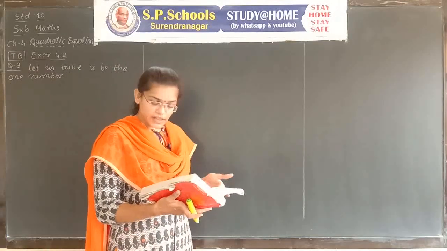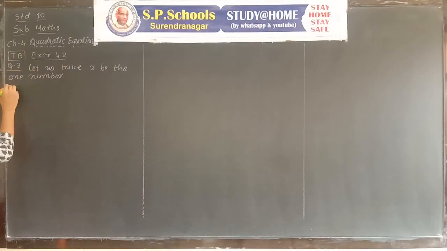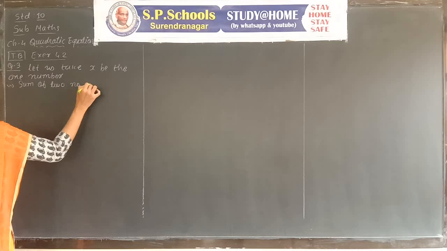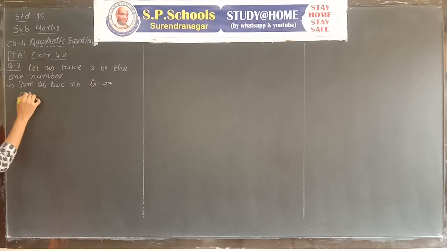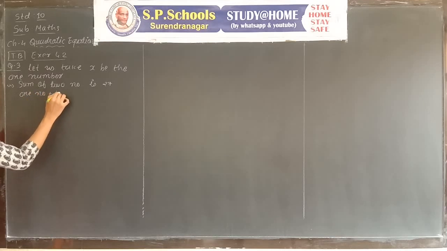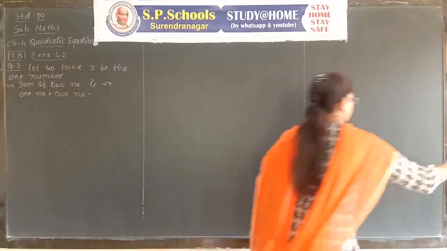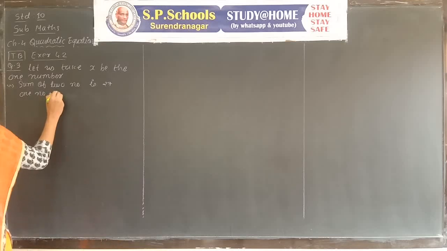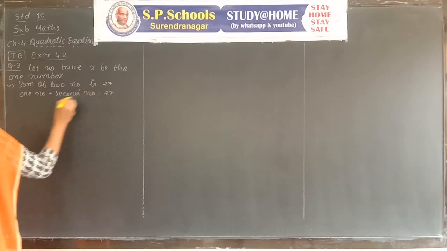On page number 76, exercise 4.2, question number 3 is here. The sum of two numbers is 27. Therefore, first number plus second number is equal to 27.